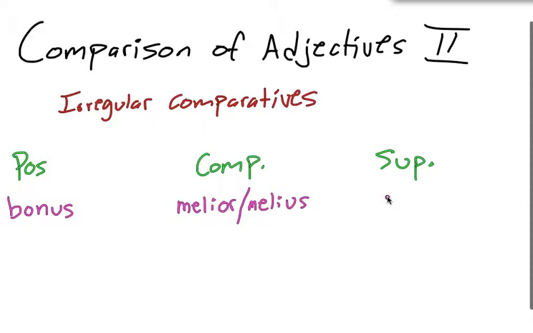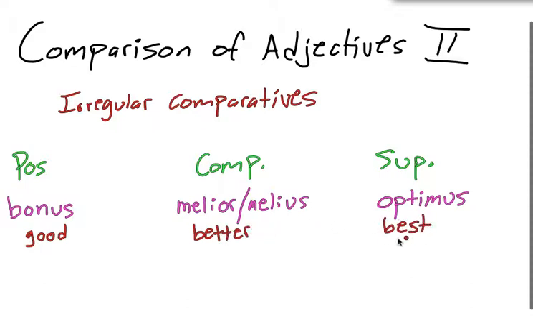And then the superlative is optimus, so like an optimist always sees the best in things. So when we translate these, bonus is good, melior and melius are better, and optimus is best, or we could say very good. Okay, so that's the first one.